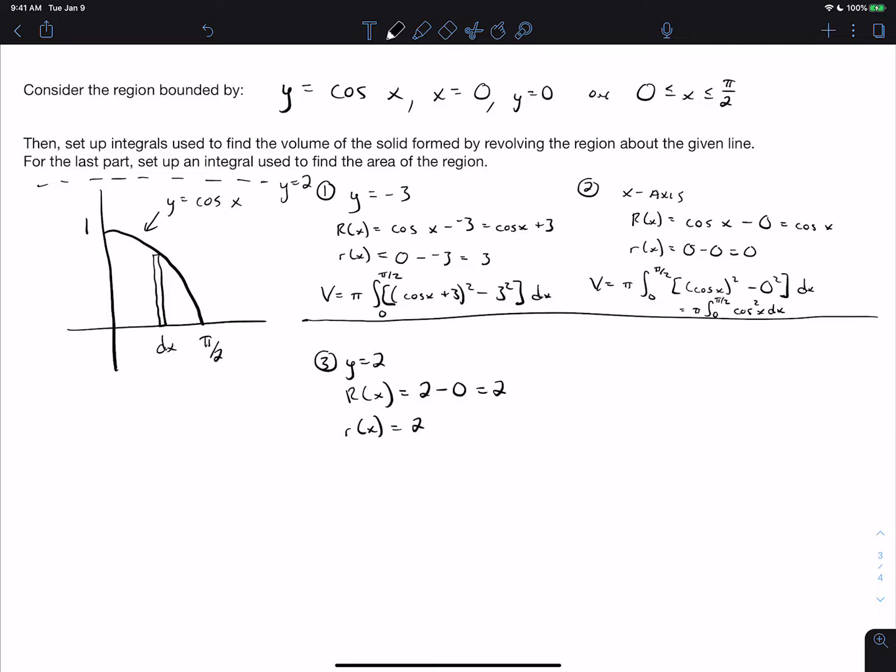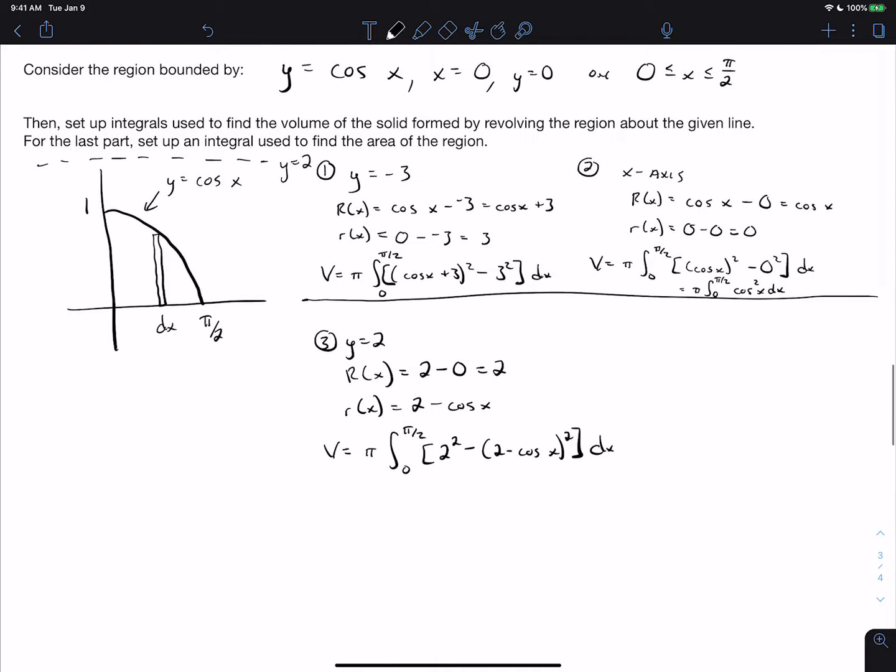Small r is the distance from the line to the closer end of the rectangle. That's 2 minus cosine x. Volume then is pi times the integral from 0 to pi over 2 of 2 squared minus the quantity 2 minus cosine x, squared, dx.